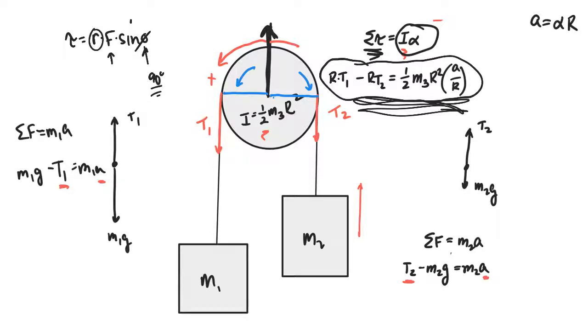You've got an R in the denominator here, and then you have an R on this side here and here. They're all going to cancel out, and this actually becomes just T1 minus T2 equals 1/2 M3 A.